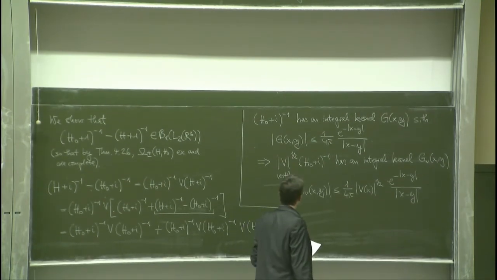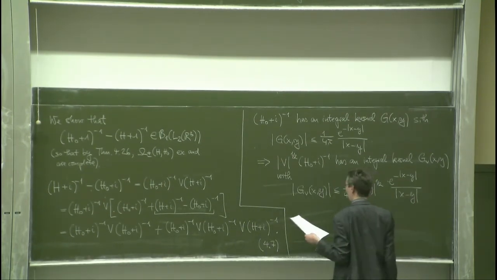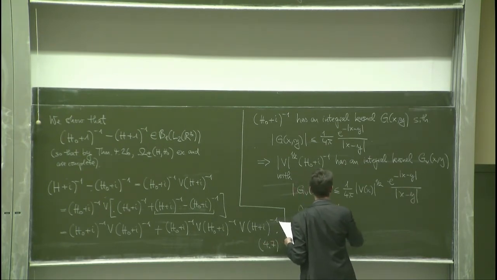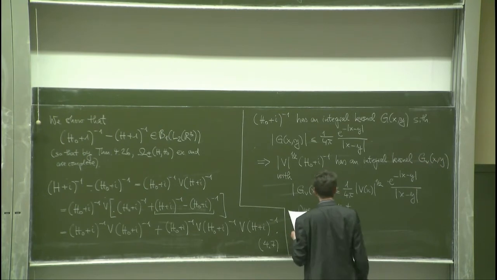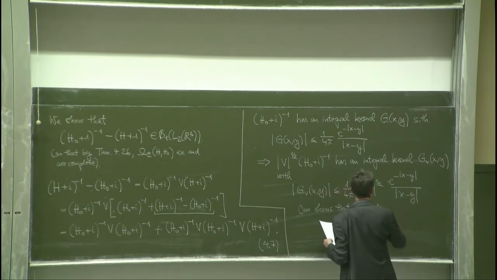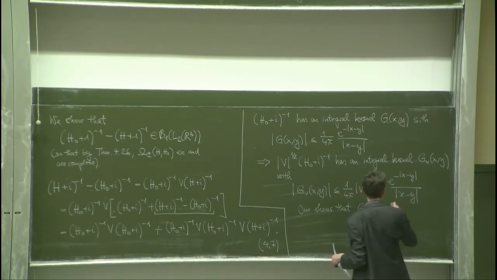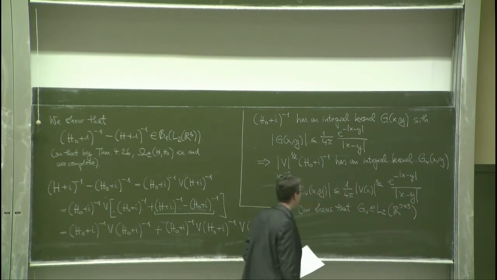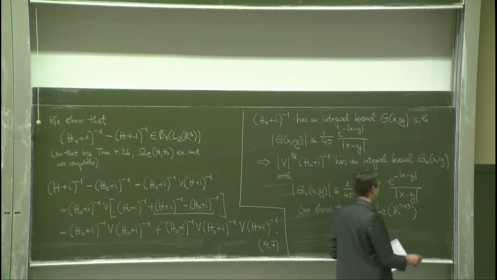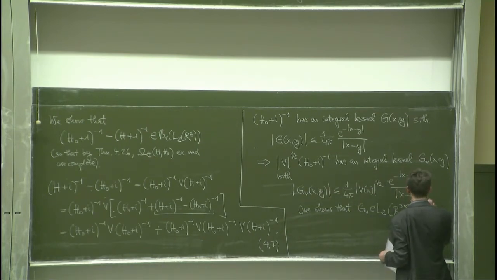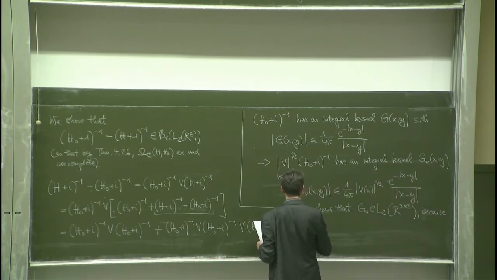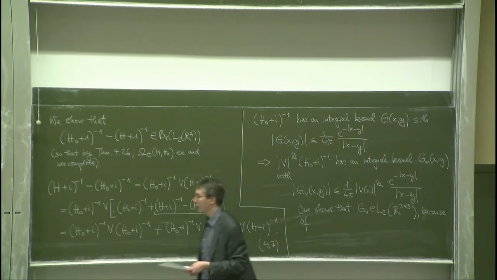And then one shows that this G_V is in L2 on R3 times R3 because of the following observation. Let's do it on the other blackboard.